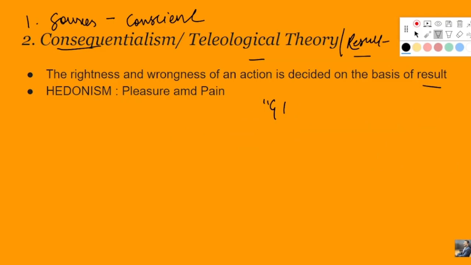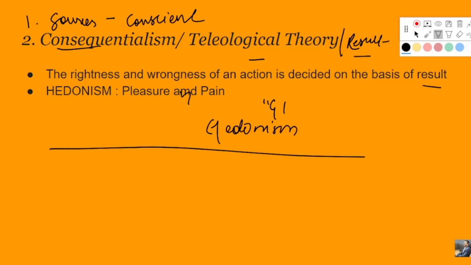But now let's see the concept of consequentialism or hedonism in greater depth, right? So even hedonism is of two types. Even hedonism is classified further, right? Whenever we say the term pleasure, it is always kind of negative in our brain, right?